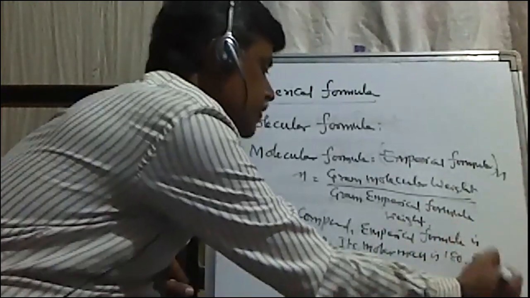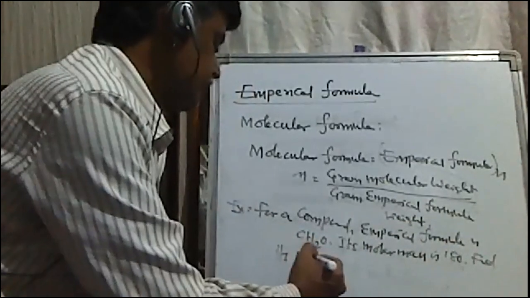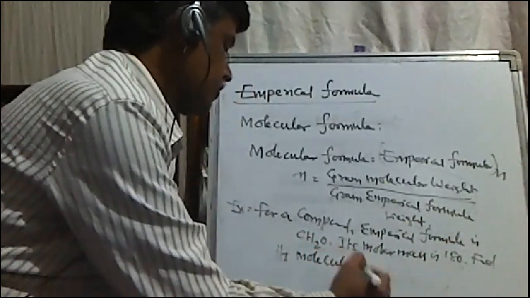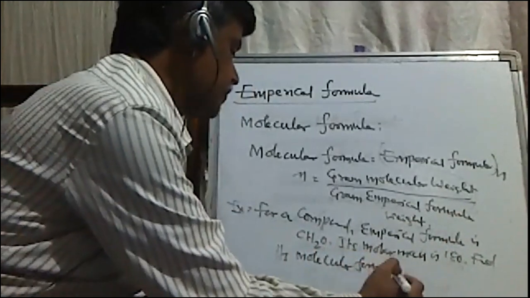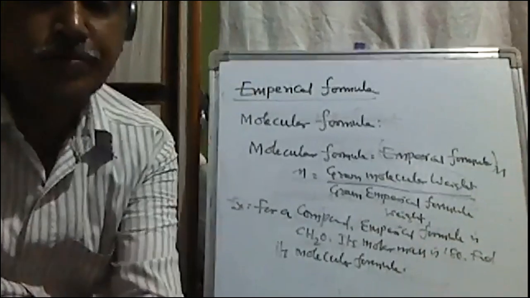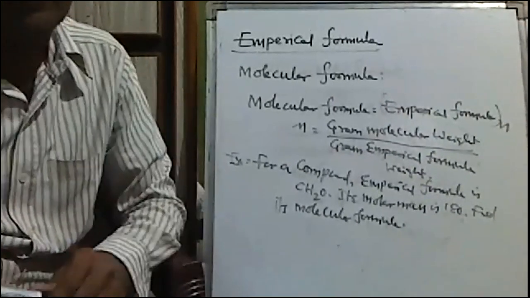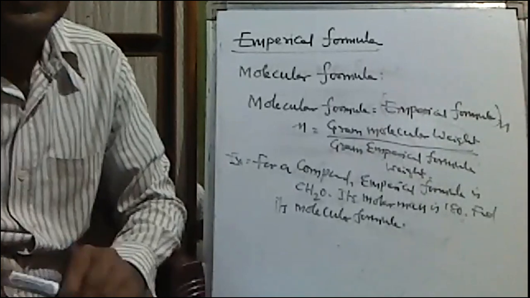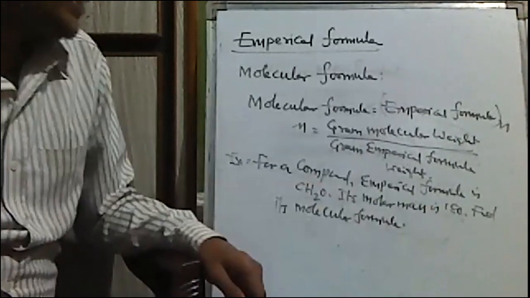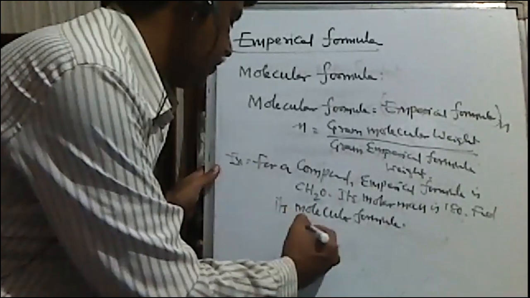Find its molecular formula. This is the question. For a compound, the empirical formula is given as CH2O. Its molecular mass is 180. Find its molecular formula. Now, what is the molecular formula?